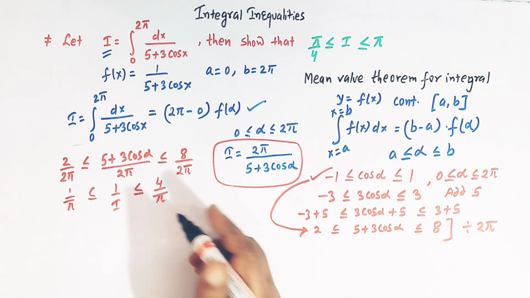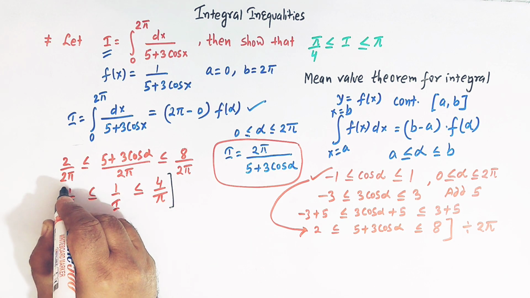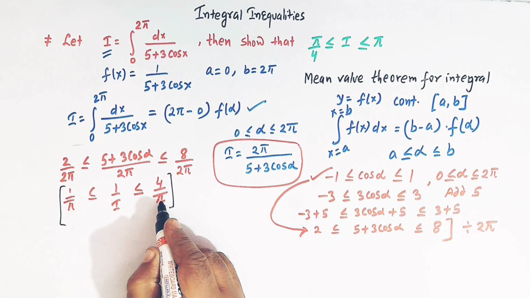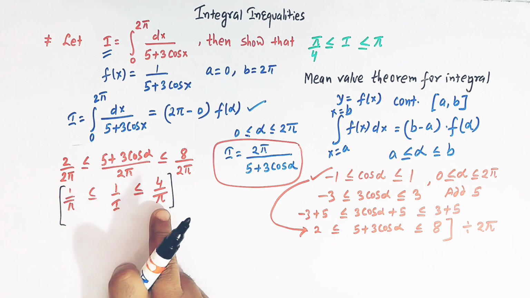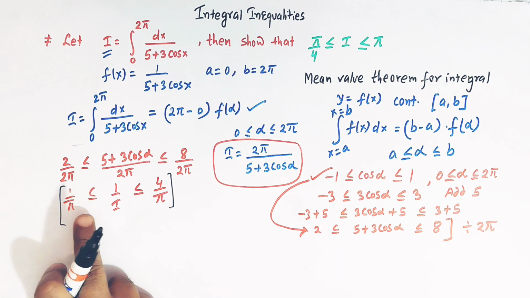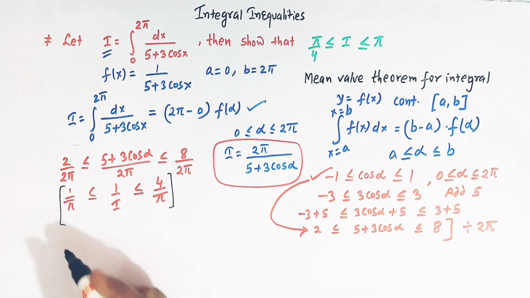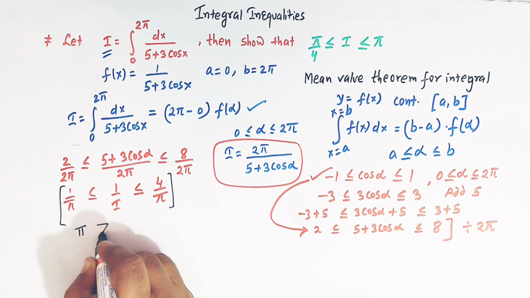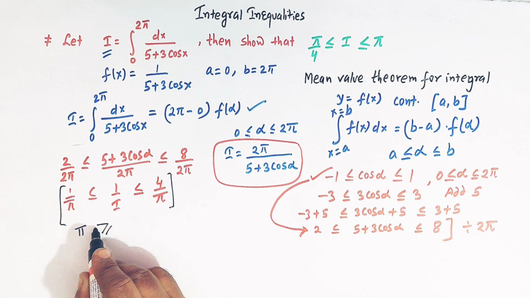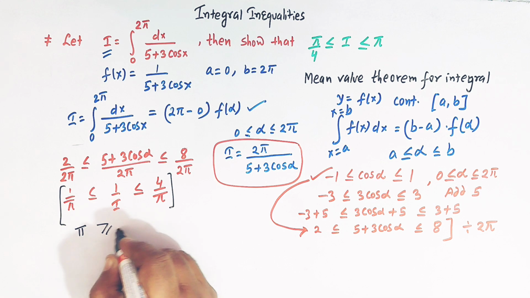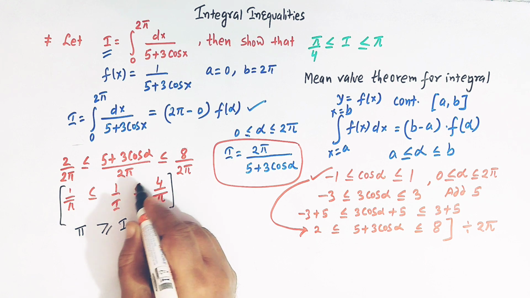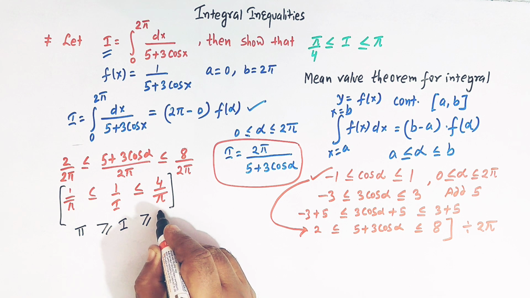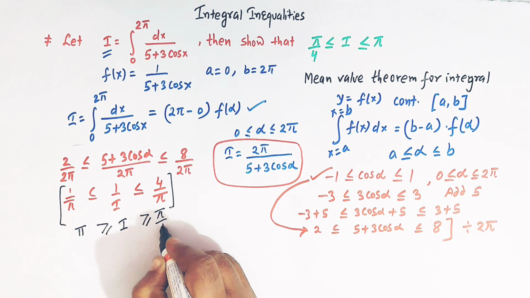Now let us take the reciprocal of all these three terms. When we take the reciprocal, the direction of the inequality gets reversed. So here we have pi, then the sign of greater than or equal to, then I, and here also the direction gets reversed, so we have pi over 4.